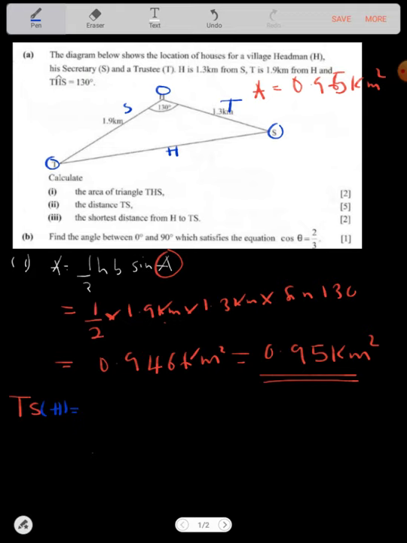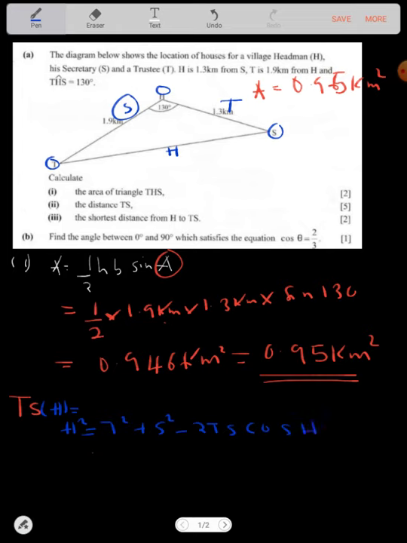So we are saying H squared is equal to T squared plus S squared minus 2TS cos H. That's the angle that we need.